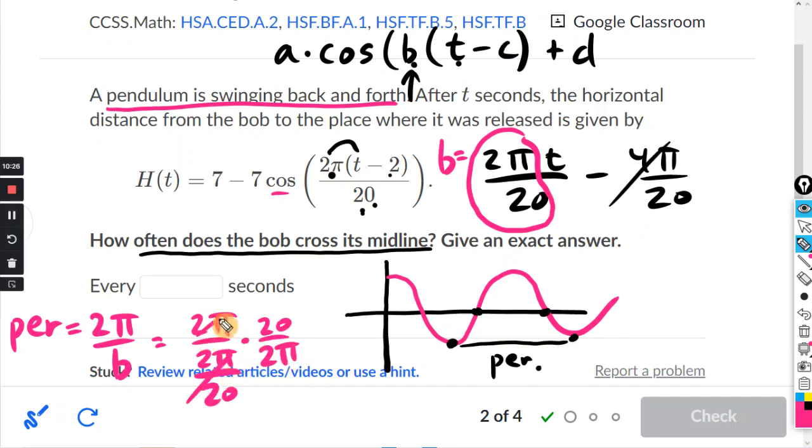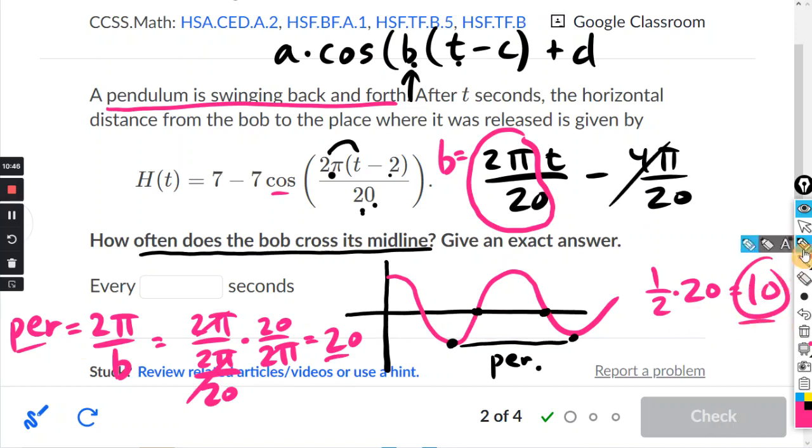The 2 pi's cancel, and the period is just 20. Now, it hits it twice within the period, so we just want to take half of 20. And that's just 10. Okay? The full period, or the full cycle, is 20, but it hits the midline every 10 seconds. So you just enter the 10 in the box.